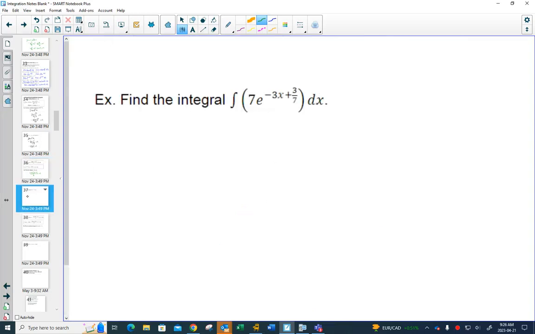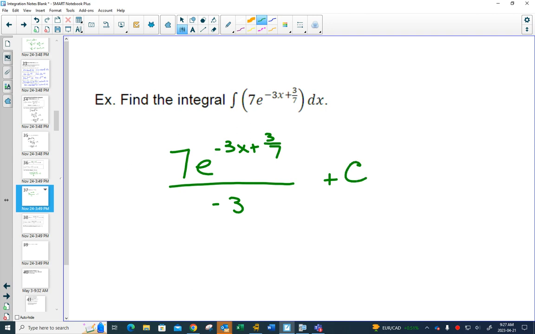Next one, an e to the x graph, so it would stay exactly the same, but there would have been a chain rule when you do the derivative where you'd have to multiply by a -3, so we divide by -3 plus c.